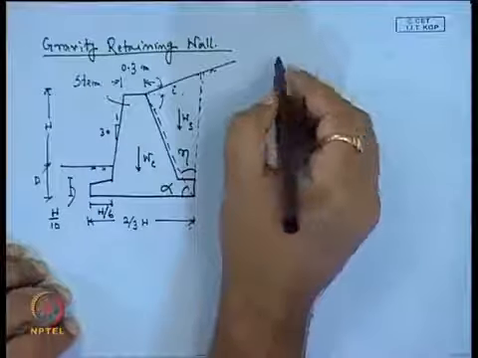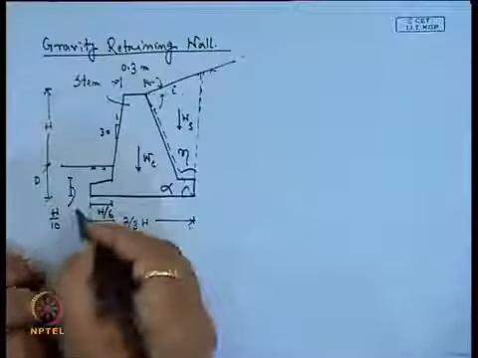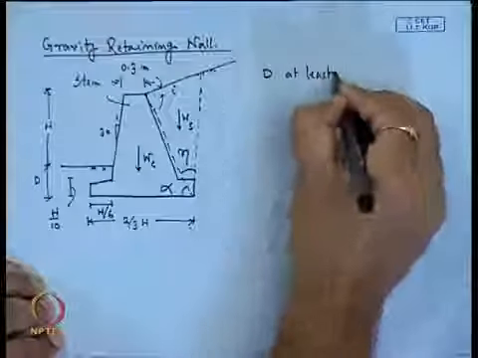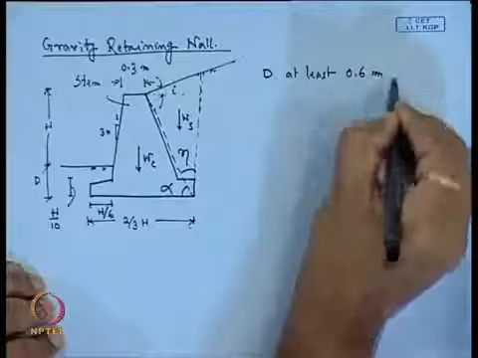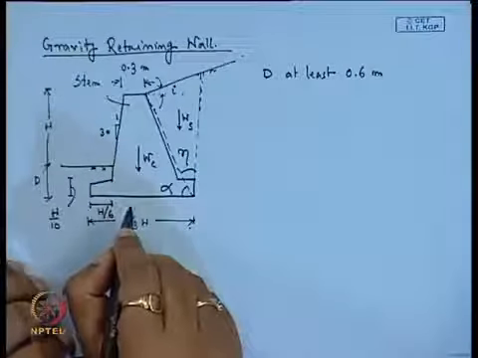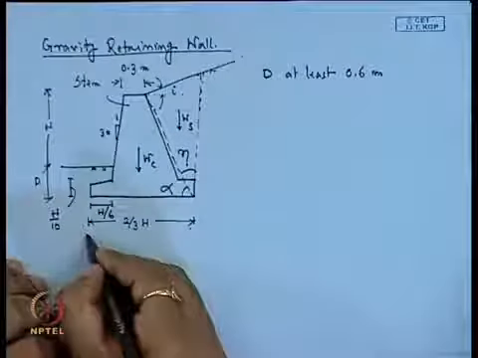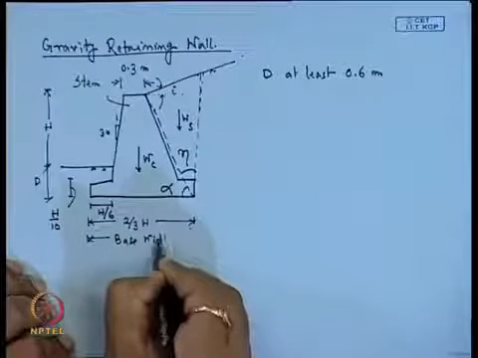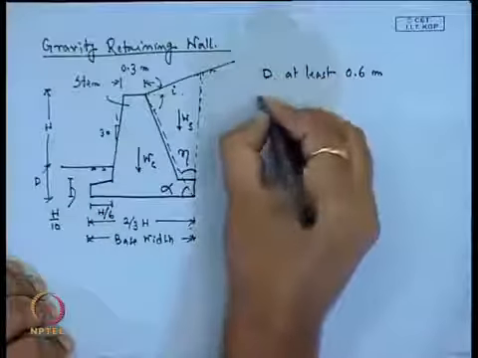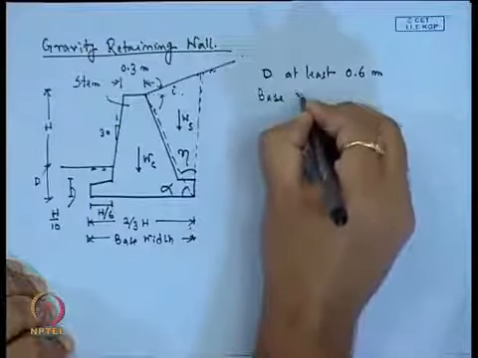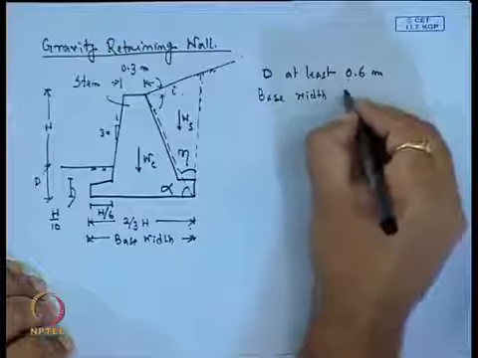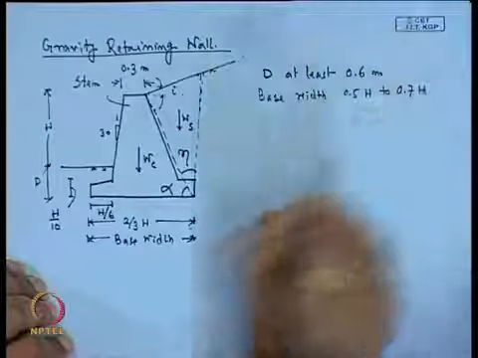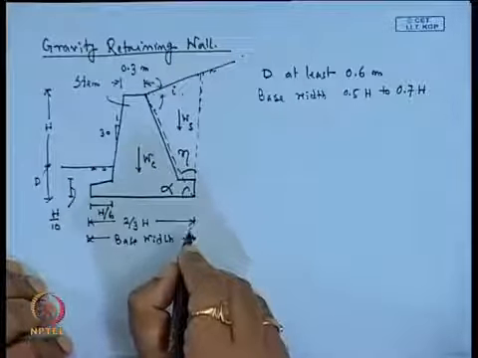Now, this D value is at least 0.6 meter. You have to provide this D value at least 0.6 meter. Now, the base width of the retaining wall we can consider between 0.5 h to 0.7 h.